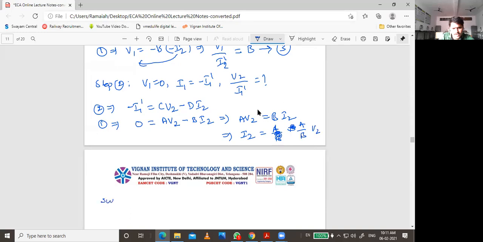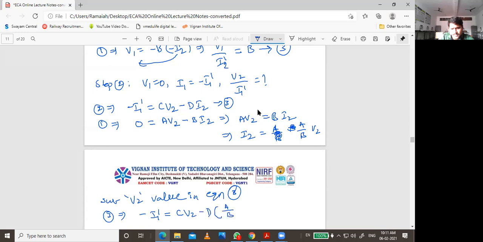Now substitute this value of V2 in equation 3. So minus I1 dash equal to CV2 minus D into the I2 value, which is A by B V2.